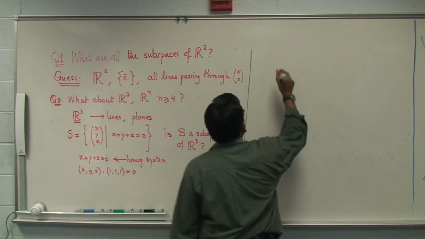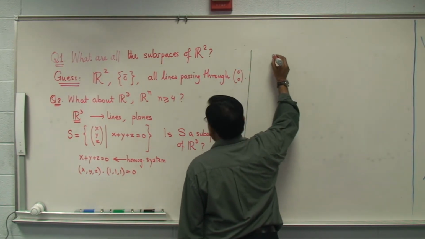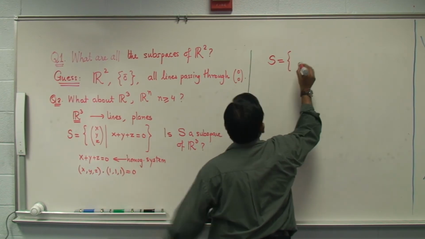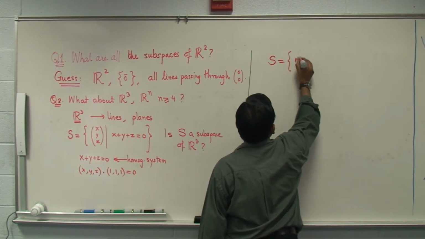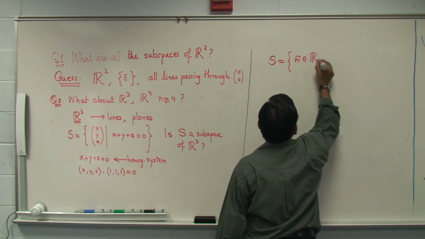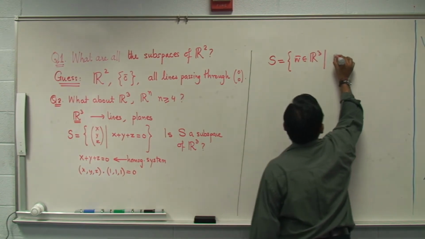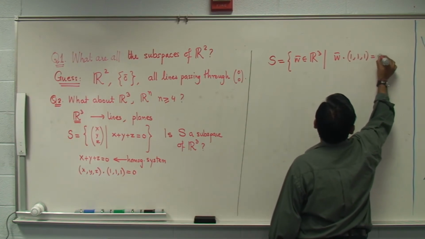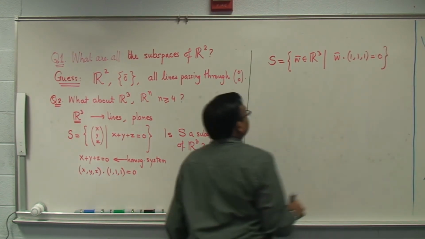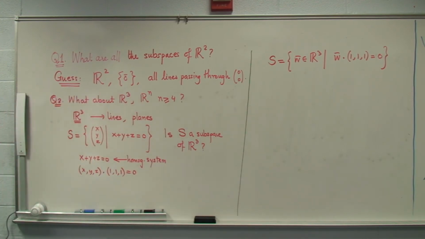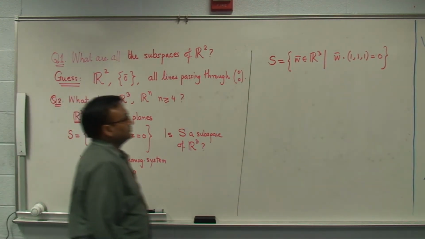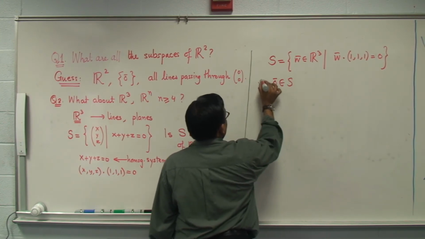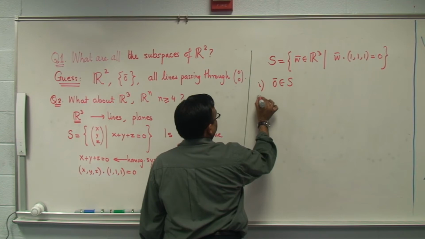So let's try and see. I'm saying that S is the set of all those vectors W in R3 such that W dot 1, 1, 1 is 0. That means W is orthogonal to the vector 1, 1, 1. So for sure, the 0 vector belongs to S, because the 0 vector is orthogonal to everything.